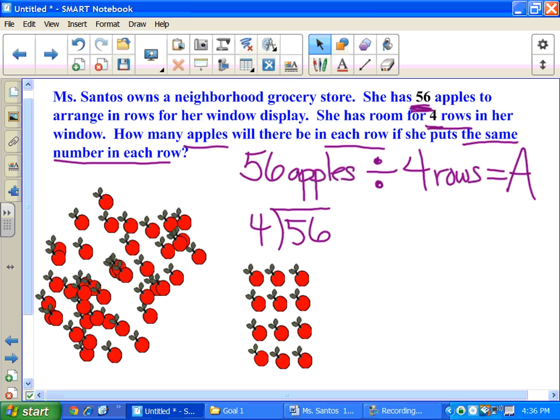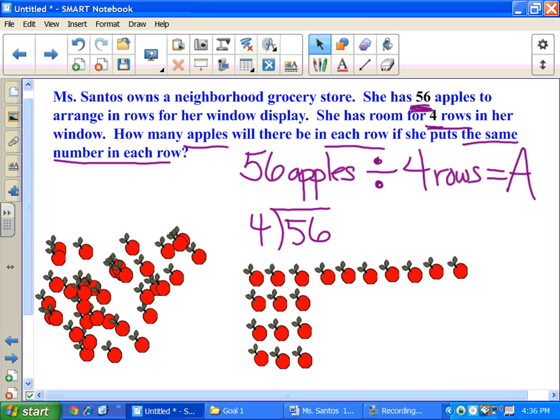So I certainly could do that, and I can do that quickly, and I don't have to keep counting each row. There's 10 in that row, 10 in that row, and I'll show you just a second with numbers what we just did, instead of having to do this the whole time.